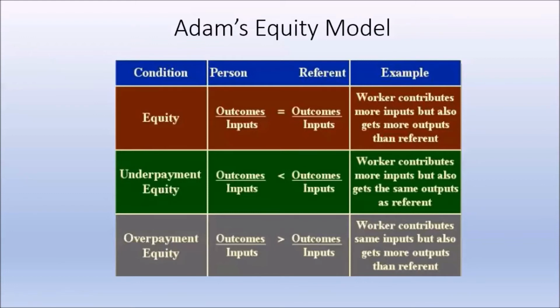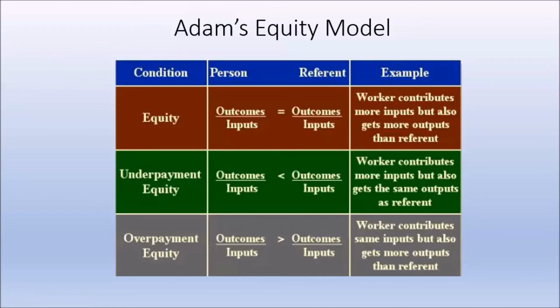When they compare themselves with the other employees or the other reference, they realize that they get less than the other workers or the other referent. So this is where the employees contribute more inputs but get the same output as the reference.